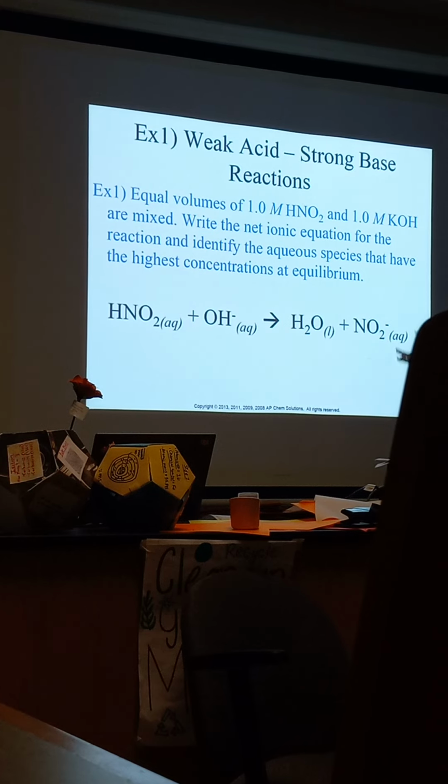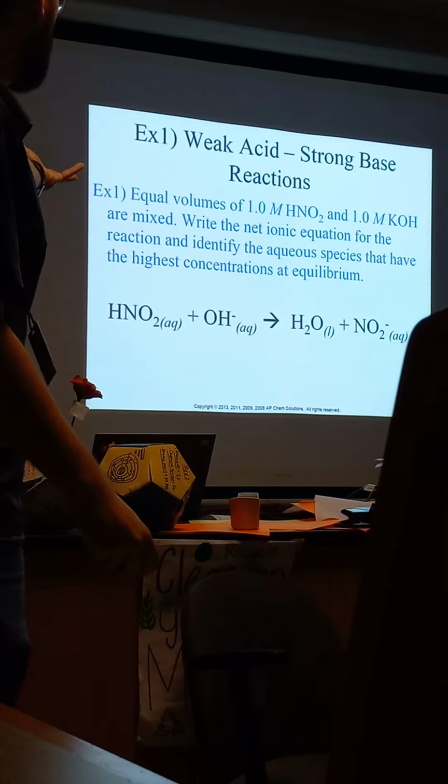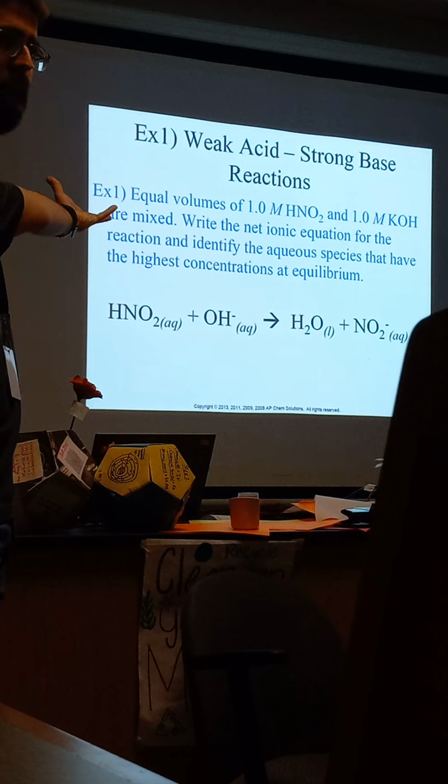So we've written our net ionic equation, and now they want us to identify the aqueous species that have the highest concentration. Guys, this is a trick question that you're going to see on the homework, but you're also going to see it on the AP exam. They love doing this. What did they tell us to first write? The net ionic. And have we done that correctly? Yes.